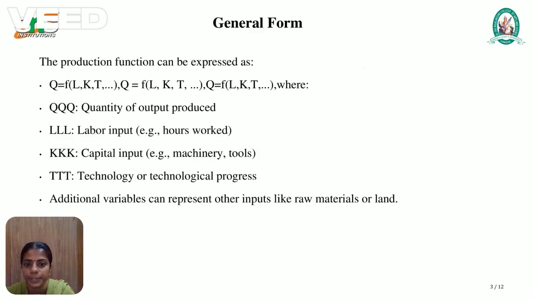General form of production functions. The production function can be expressed as Q = f(L, K, T), where Q is the quantity of output produced, L is labor input, for example, hours worked, K means capital input, for example, machinery, tools, and T means technology or technological progress.